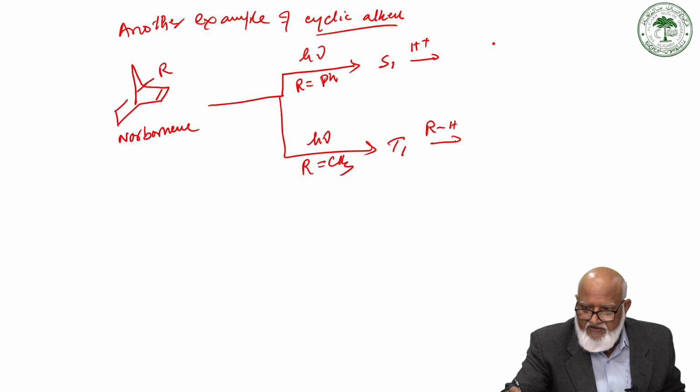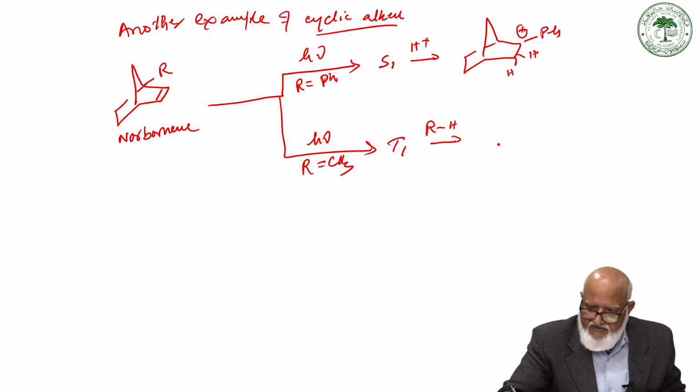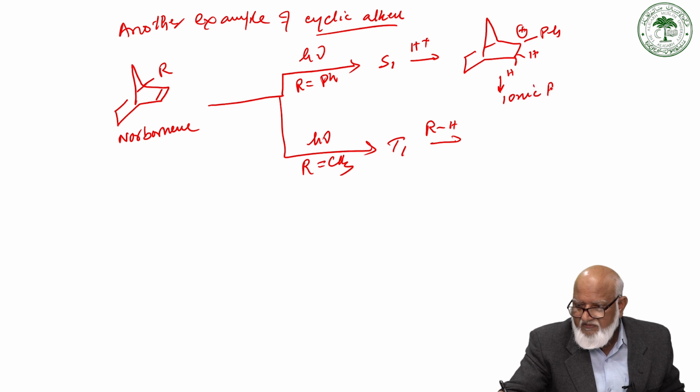Here there is a positive charge, and abstraction gives a radical product, while the other leads to an ionic product.